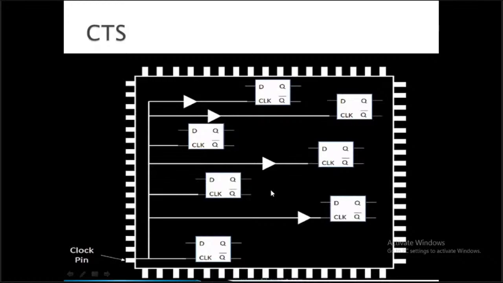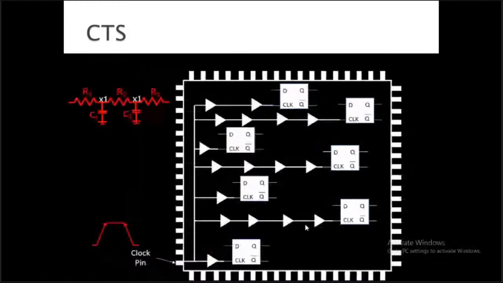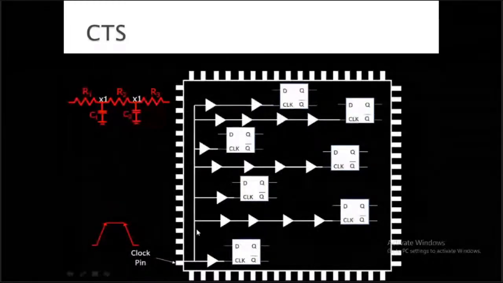If both are switching at the same time, we can miss some output from here. So we put some buffer, we can delay this path, so that after switching of this block, only then this block will switch. So we do that also based on the path. And finally we do the optimization.